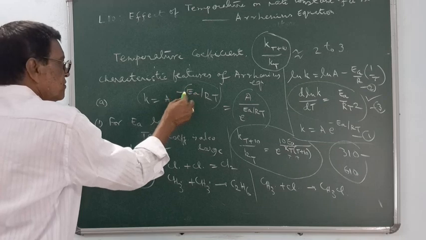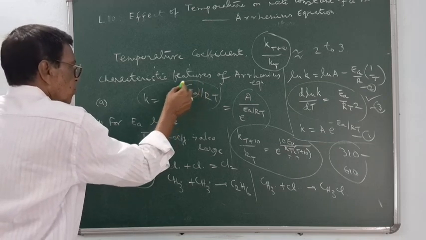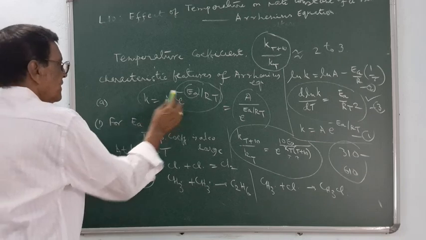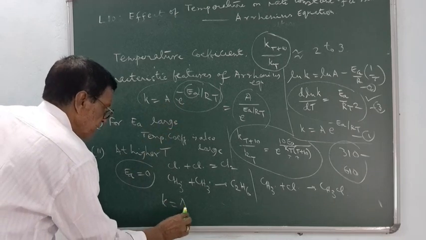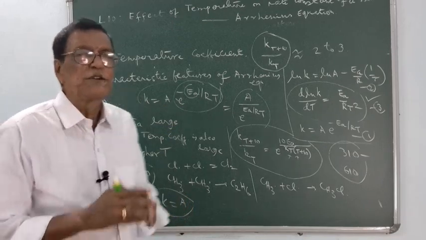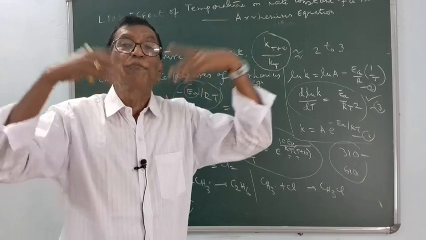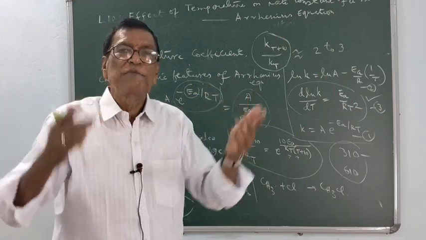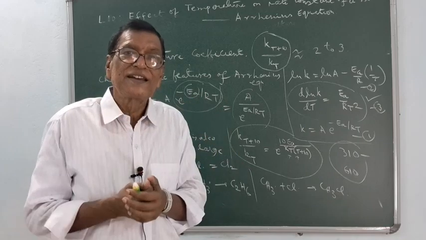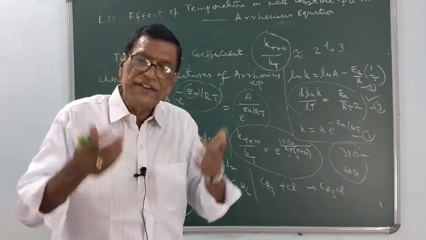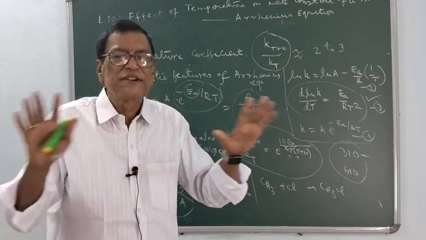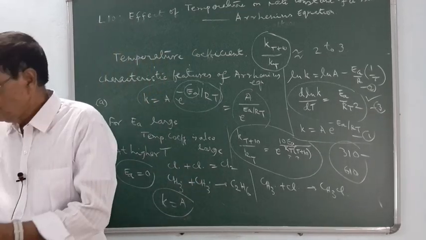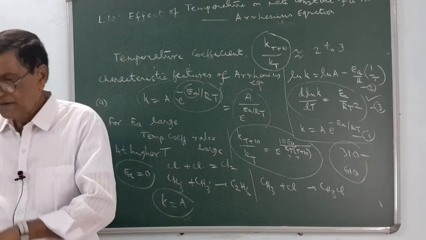So Ea equal to 0 means this whole term becomes 1. And when the whole term becomes 1, K equal to A. K is equal to the frequency factor, which is maximum, optimum. Means the reaction proceeds at an optimum rate, and there is no temperature effect for this type of reaction.